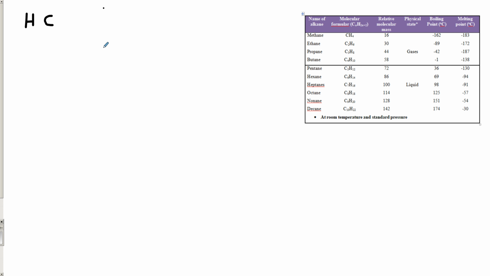So the simplest one would be to have a carbon atom here, and since carbons have a bonding capacity of 4, that means they always need to have 4 lines coming out of them. And since hydrogens have a bonding capacity of 1, they only get 1 line coming out of them. This gives us a molecule that has a formula of CH4, and that is our buddy methane.